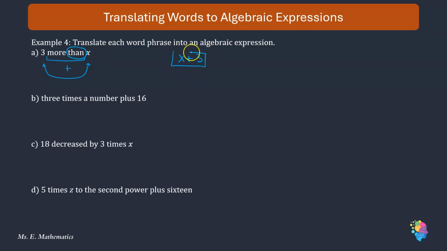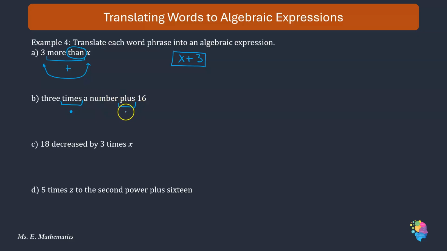All righty. B, read 3 times a number plus 16. We have two keywords here. We have the word times, which means multiplication. Now, I'm going to use a little dot for multiplication here because I don't want to use the times symbol because it might be confused with the letter X. And then another keyword here is the word plus.